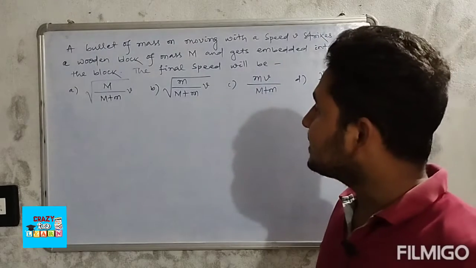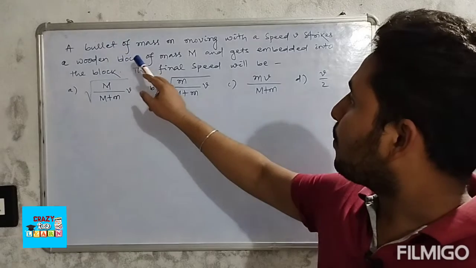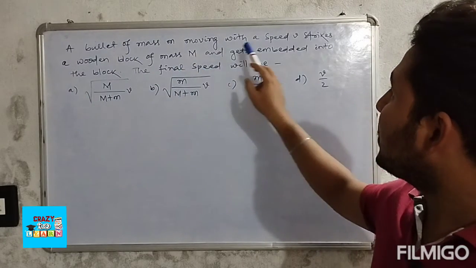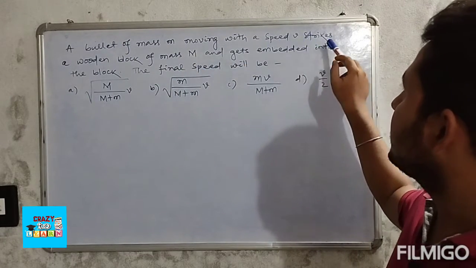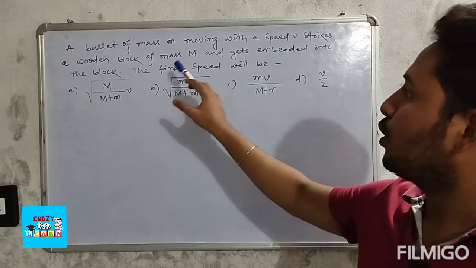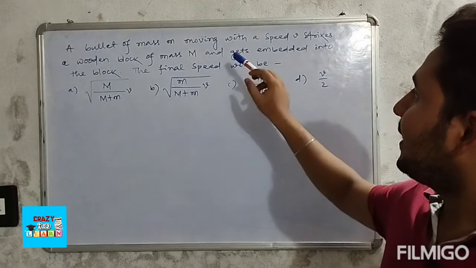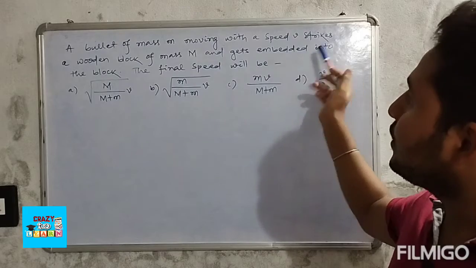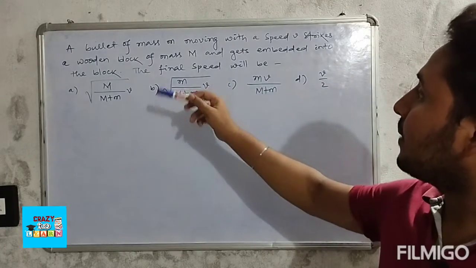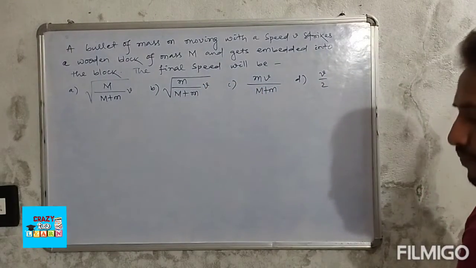Our next problem is: a bullet of mass small m moving with a speed small v strikes a wooden block of mass capital M and gets embedded into the block. The final speed will be?